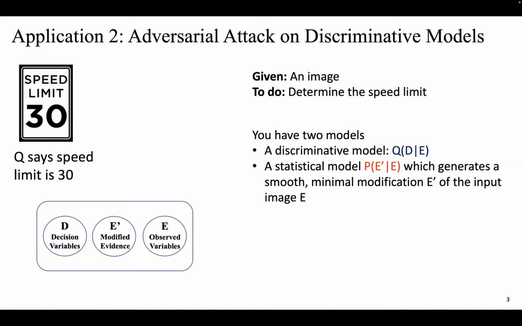Think of the generative model P as a similarity function, which takes an image, let's say this image E, as input, and outputs another image, let's call it E prime, that is semantically similar to the input image. So that is your generative or statistical model P, which outputs this E prime that is semantically similar to E.